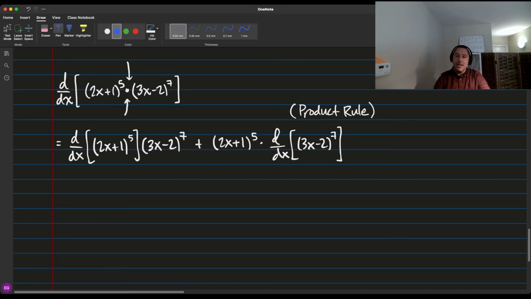Okay, now looking at these derivatives here, what rule are you going to have to use for them? Like for the derivative of (2x+1) raised to the 5th power, or (3x-2) raised to the 7th power.